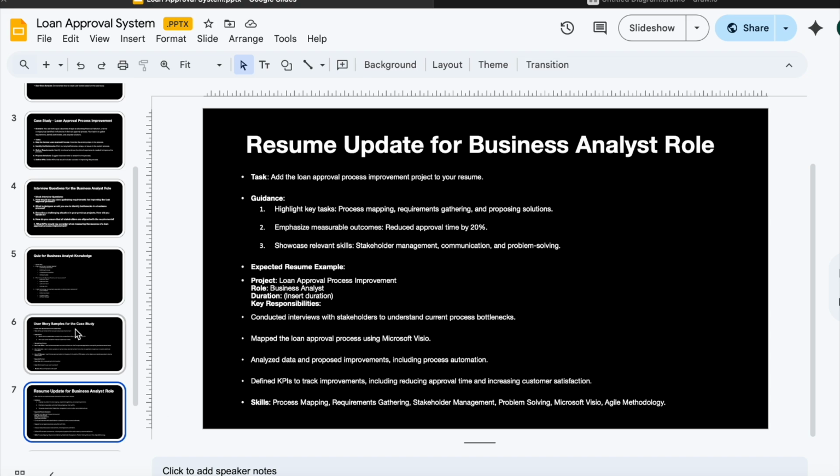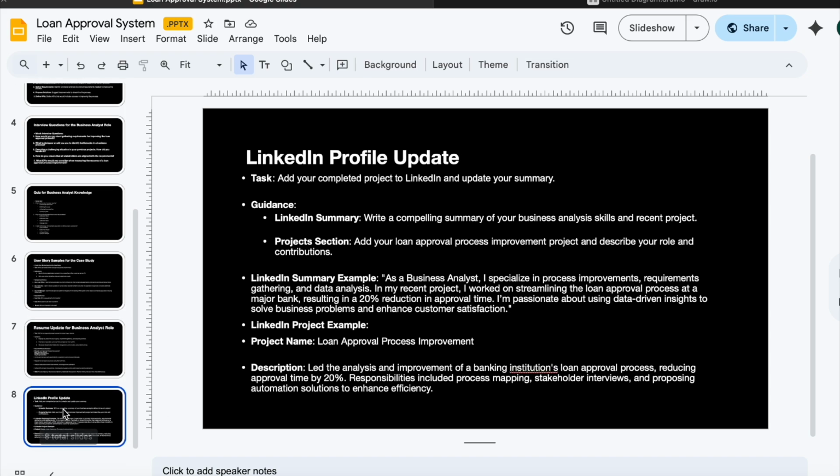So let's go to the final one. How can you use this case study to update your LinkedIn profile? LinkedIn summary. You will be writing, as a business analyst, I specialize in process improvement, requirements gathering, and data analysis.